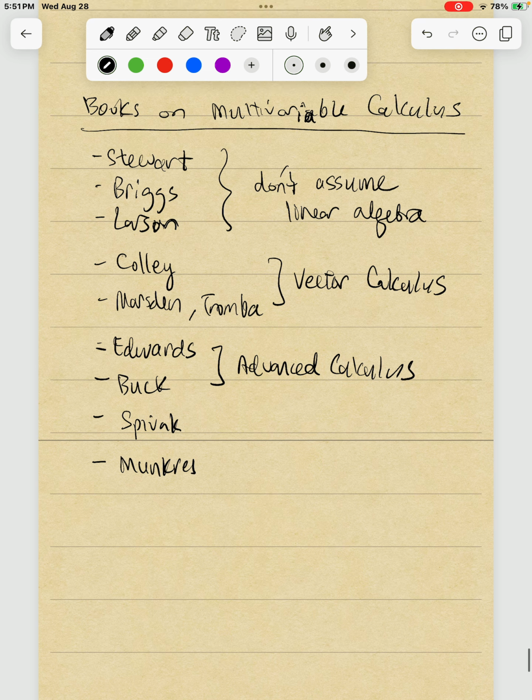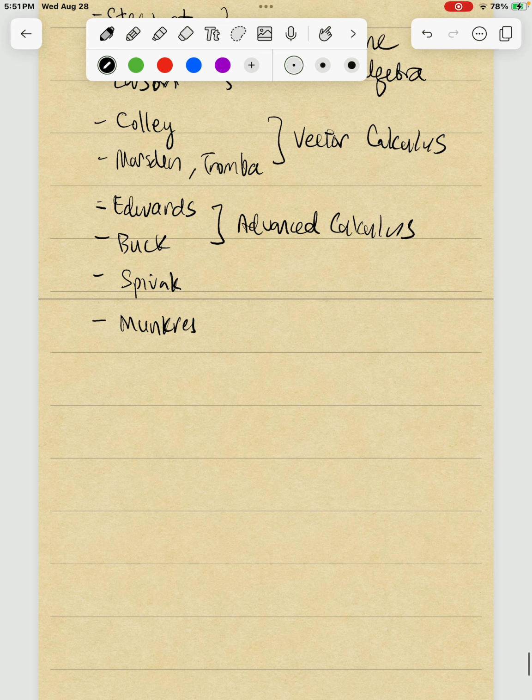The other books are pretty unaffordable, to be honest. The Buck book is either very expensive or out of print, but it's really amazing, in my opinion. Spivak's book, I think, is out of print. I also heard some not so great things about it in terms of typos or mathematical errors. I'm not really sure. And the book by Munkres is very good, but I think it's also out of print. The book by Spivak is called Calculus on Manifolds, and the book by Munkres is called Analysis on Manifolds.